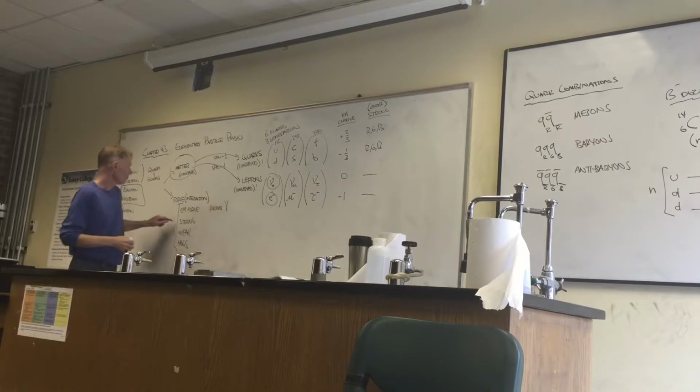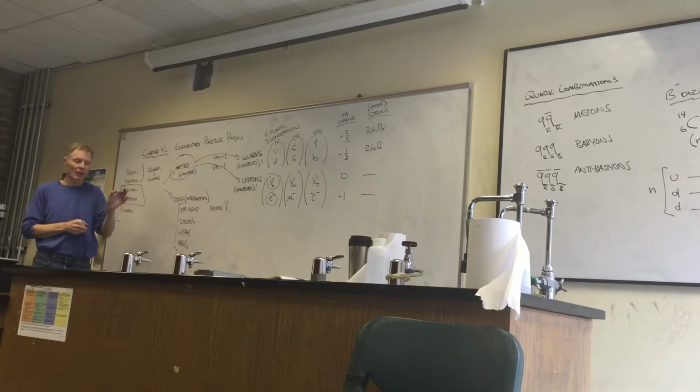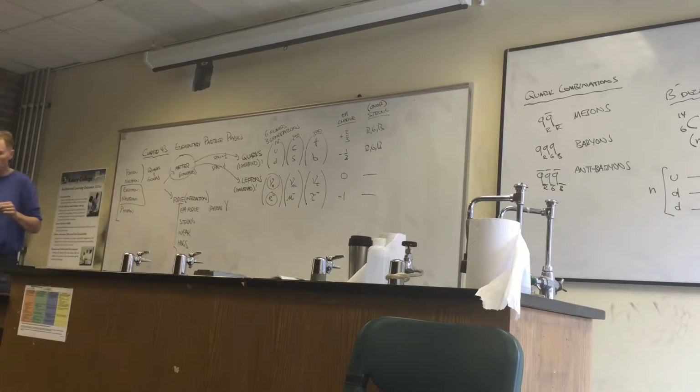And what's the kind of defining feature of the strong force? It's really strong, okay? And it's so strong that it doesn't leave isolated quarks anywhere. Quarks quickly, through the strong force, combine to form mesons and baryons. So we don't see any leftover quarks in nature. All the quarks have been combined into baryons and mesons.